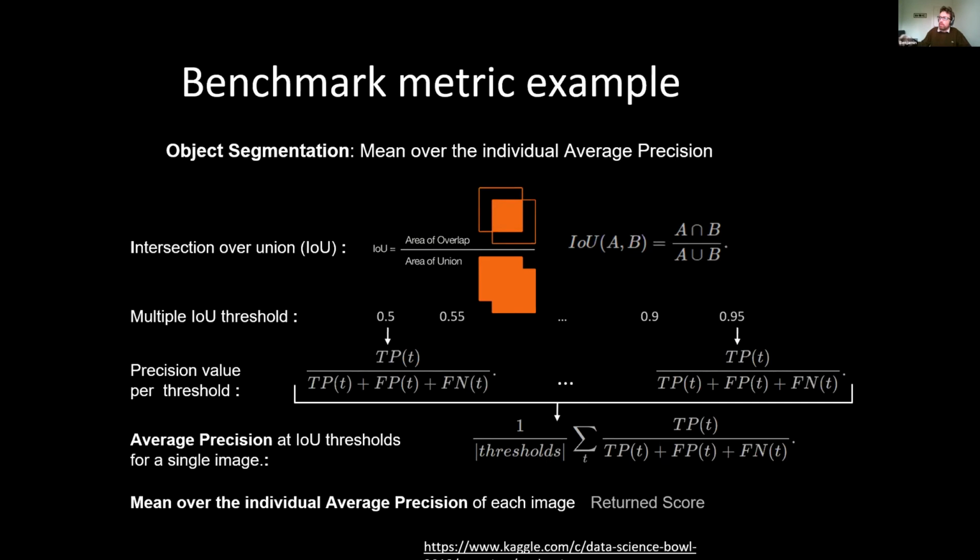If you are over this value, 0.5, then you consider it true, otherwise false. From that, we compute the precision value per threshold. Then we compute the average precision over the intersection over union thresholds for a single image. And then we take the mean over the individual average precision of each image, which returns a score.